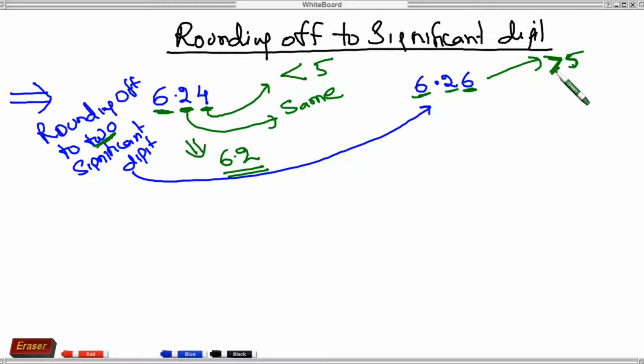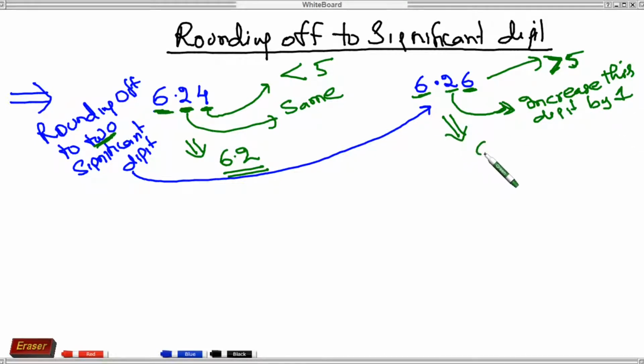It's a greater than sign, greater than 5. So in this case we will increase this digit by 1. So it will become 6.3. Actually, you can see here it has only two significant digit. Here also it's two significant digit. Okay.